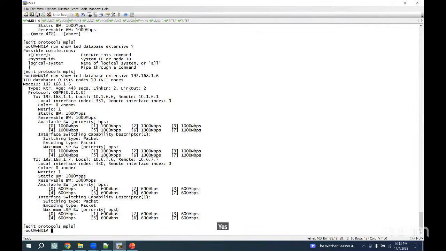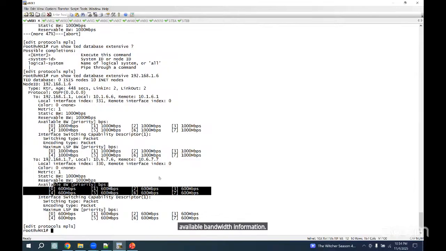Yes, getting this. See here the 1.6 node, so we are getting the available bandwidth information. 600 Mbps is now available, 400 Mbps already reserved. You can check or verify with this command also.